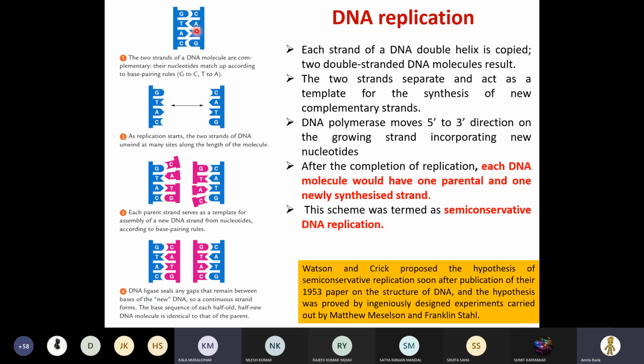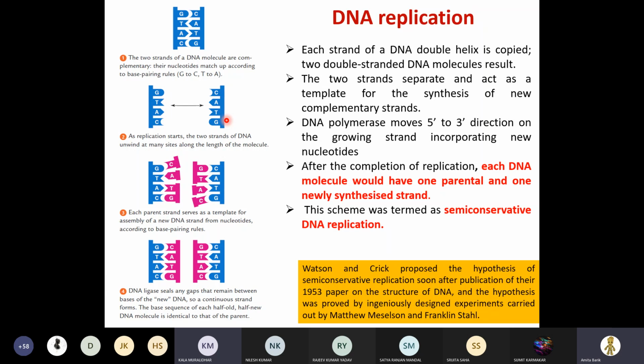Let's say the double helical structure is now shown in a ladder-like form. AT and GC base pairing is shown here. So the two strands are complementary to each other, and they are forming the base pair rules. For DNA replication, the two strands separate from each other, and both this strand as well as this strand act as two templates.